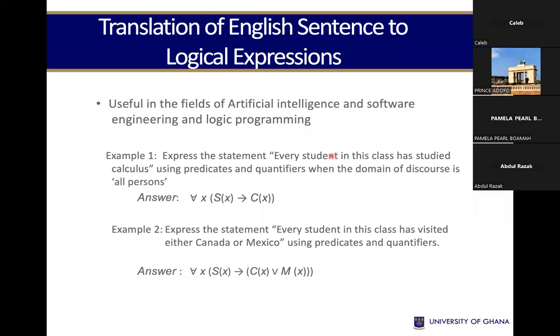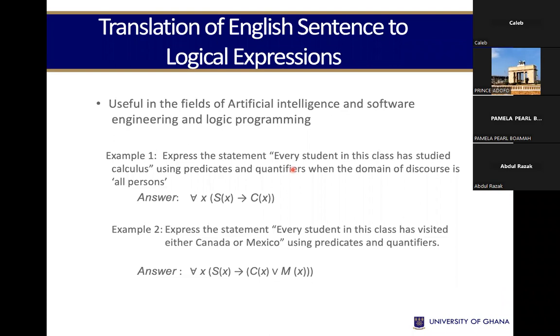You can have students in this class studying calculus, which are two atomic statements concatenated together. But for you to see it in that way, you need to logically reason through and see that once you are a student in a class, then it implies you have studied calculus.